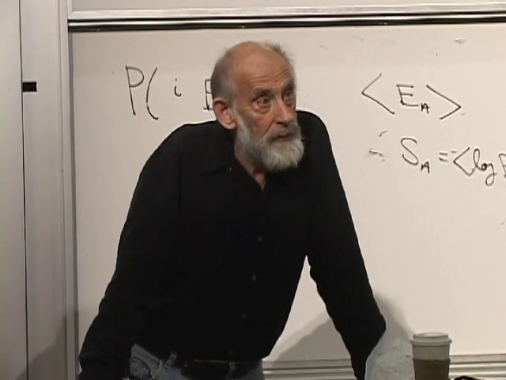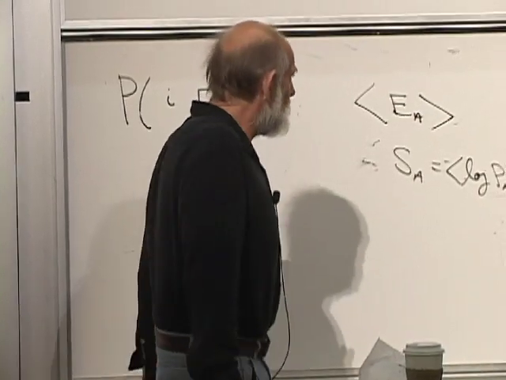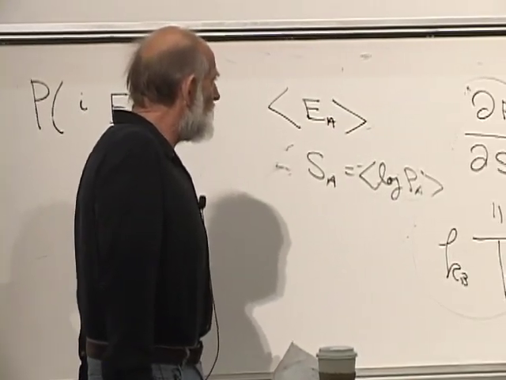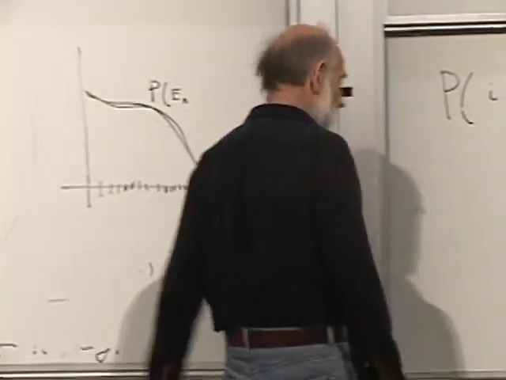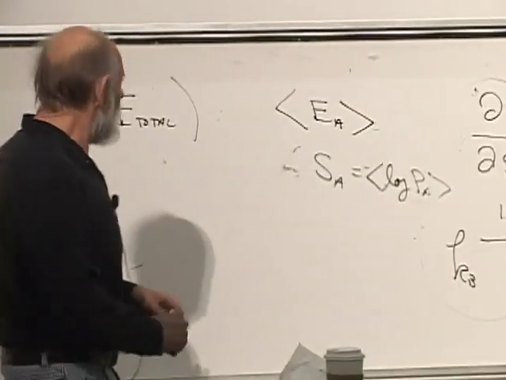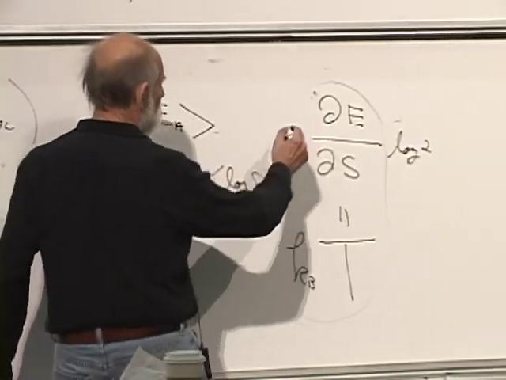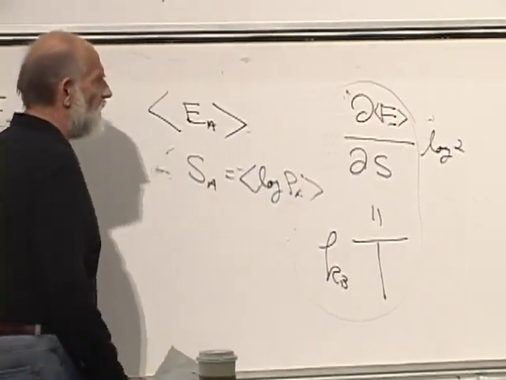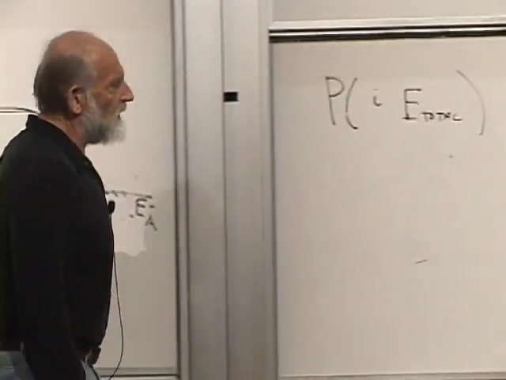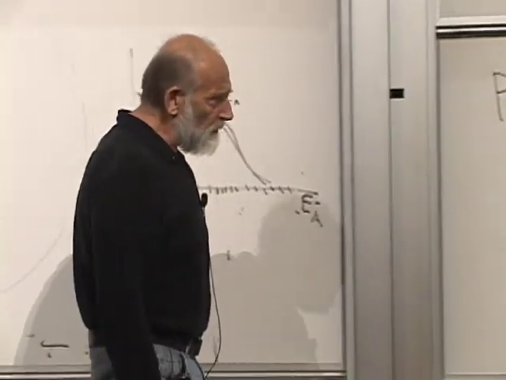Is the numerator E the average energy? Yeah, the average energy of A. Of A, so it should really have brackets. Yes, it should. And I'm going to get tired of writing the average.